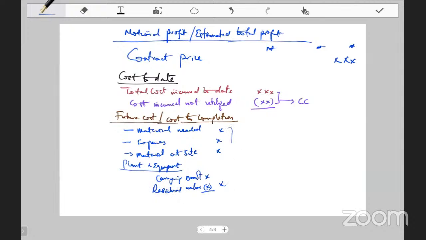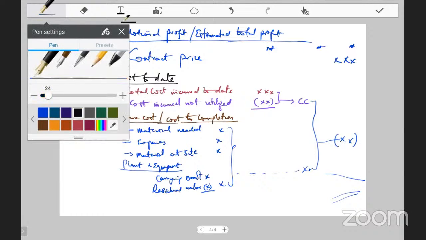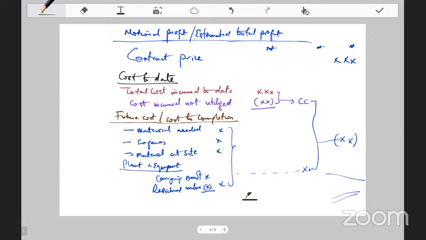So when you add all this together, I will add it to this value, and whatever I get, I will subtract it from my cost of that. And what we call that is called estimated total profit.